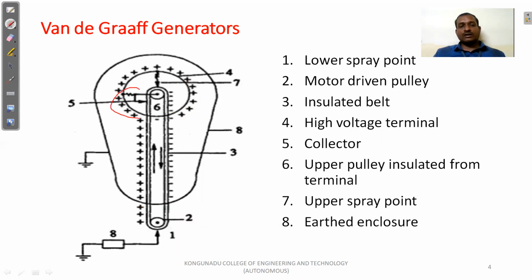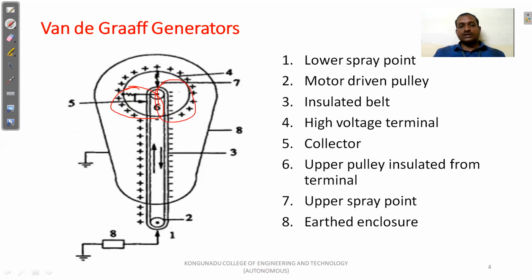The collector collects all the charges on the high voltage side. The steady state potential is achieved when leakage current is equal to charging current. Once high potential is achieved, all the charges are collected from the belt on the high voltage side. With the help of a self-inducing system, it produces oppositely charged particles.